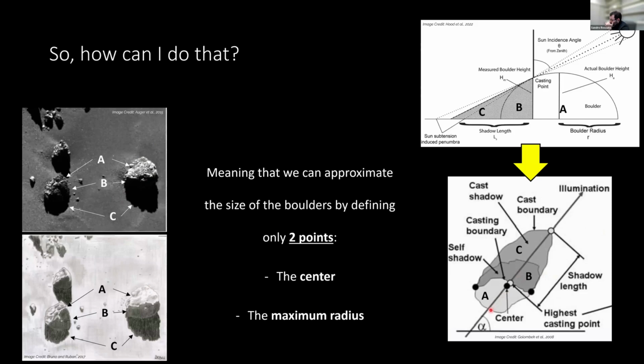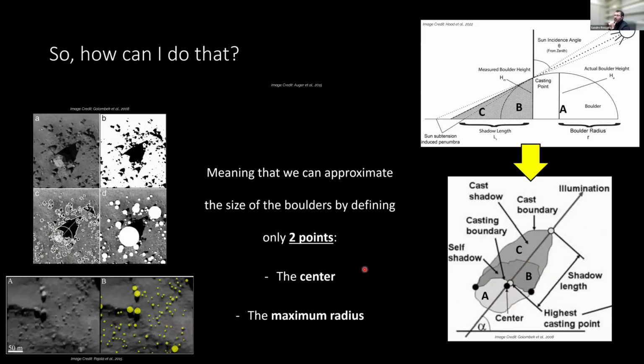For example, here you can have this and this, or maybe all the intermediate ones. So here is how in the end it will go. You have the image, you can perform different types of stretching, you can try to enhance what you can see, but in the end you will end up with a vector file that gathers all these shapes of the boulders.